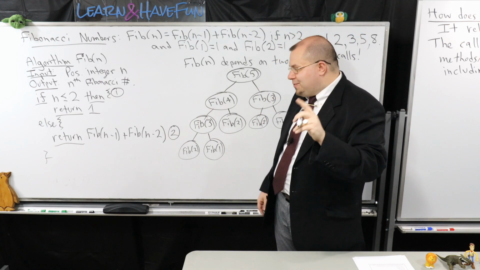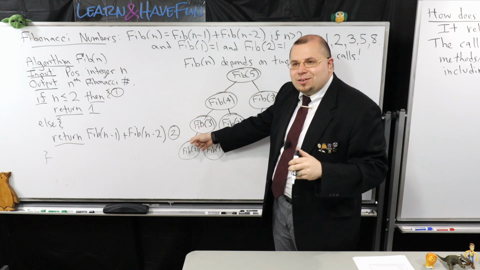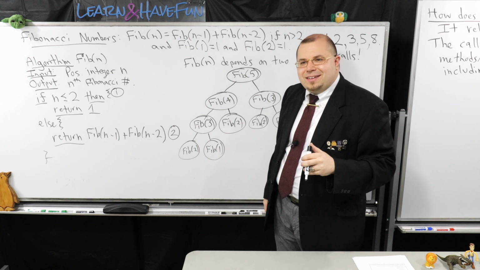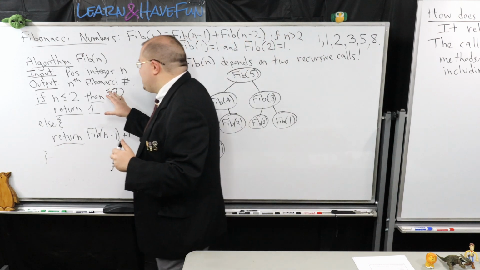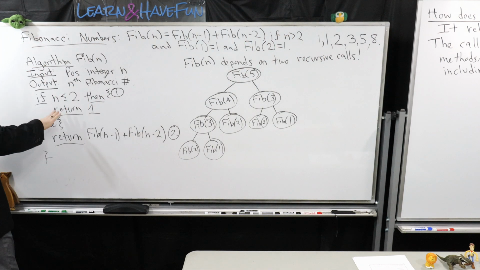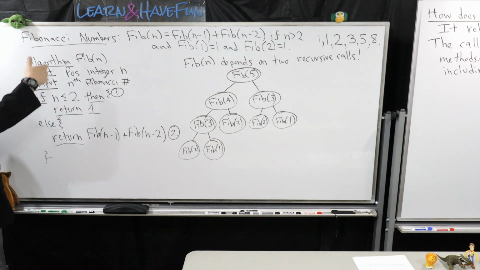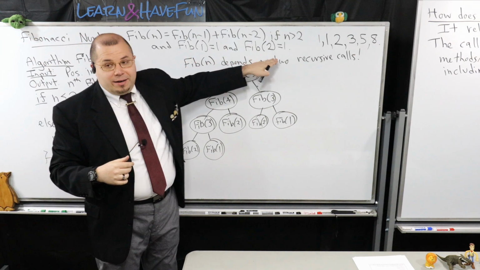So far I got 1 for base and 2 for recursive. Okay, I'm going with that. I think that makes sense, right? Because remember, when n is less than or equal to 2, I know the answer. It's 1.